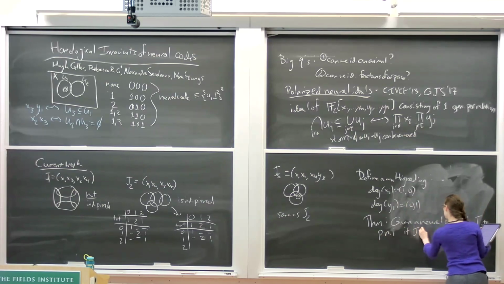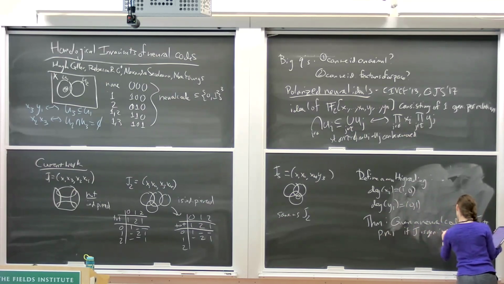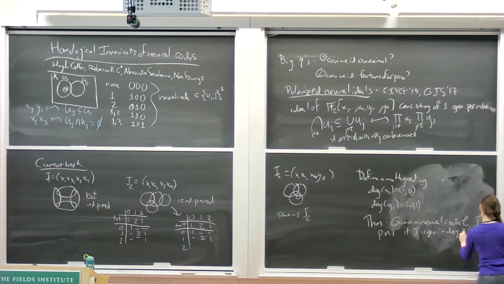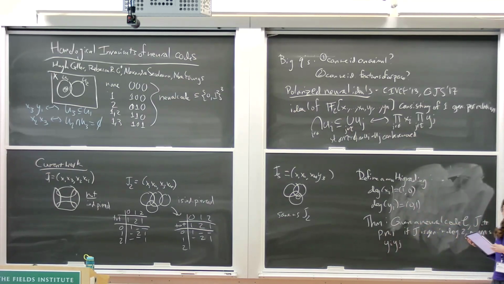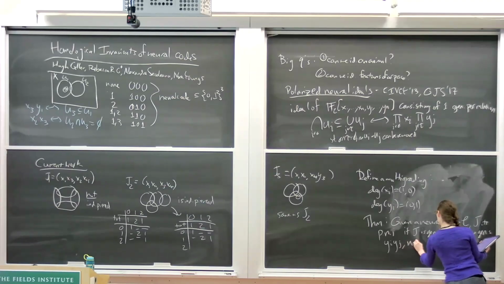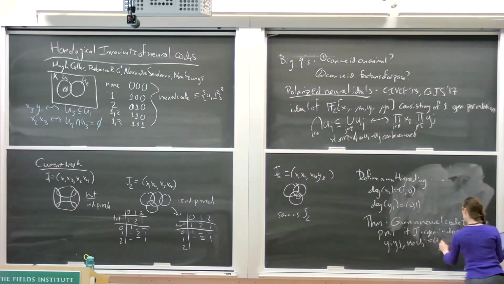If J is generated in degree 2, it has no generators that are yi yj, so we don't want the union of any of these to be the whole ambient space, and no ui is equal to uj.